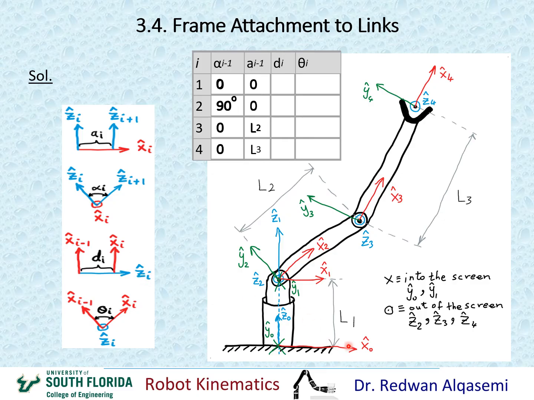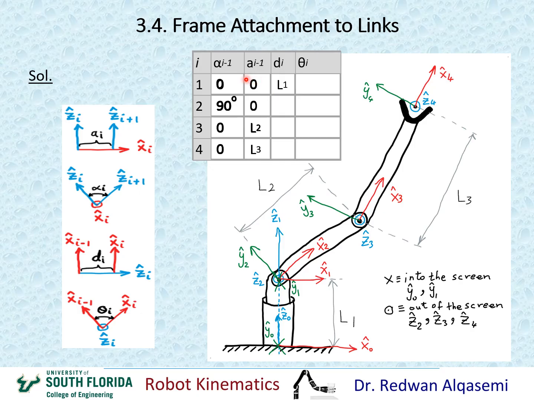So x0 is right here and x1 is right here. I'm looking at the distance between them along z1, and z1 is right at this line right here. Obviously the distance between x0 and x1 along z1 is this distance, and that would be L1. So that means my d1 is equal to L1, as you see here.